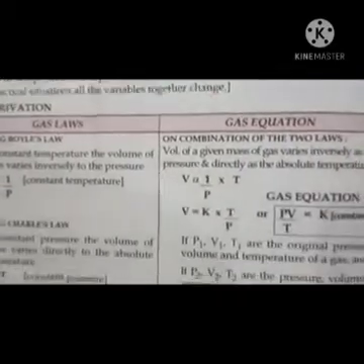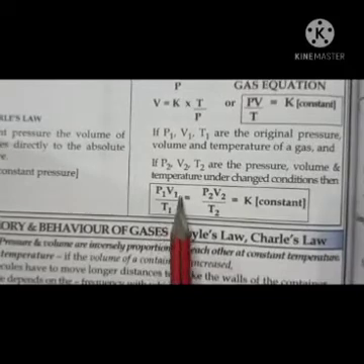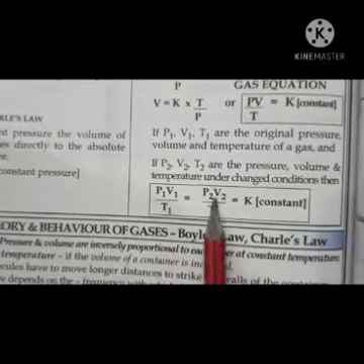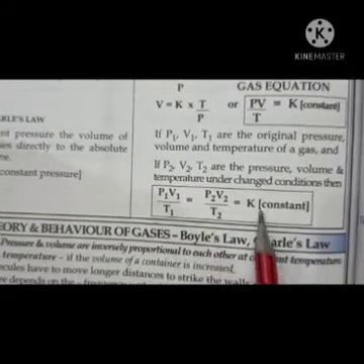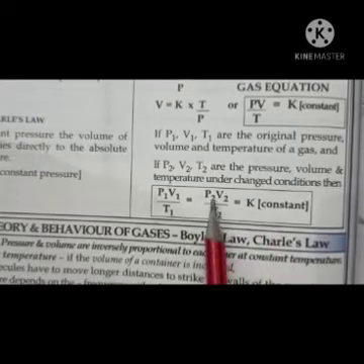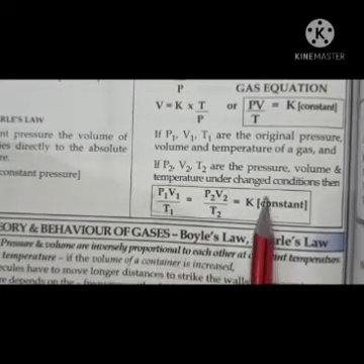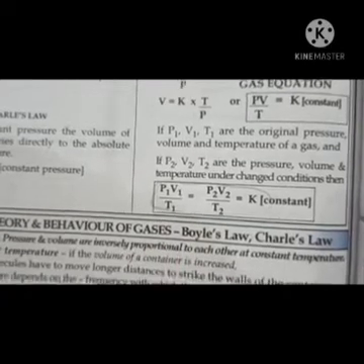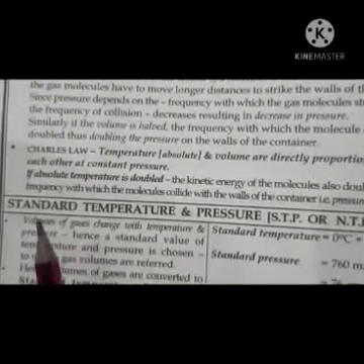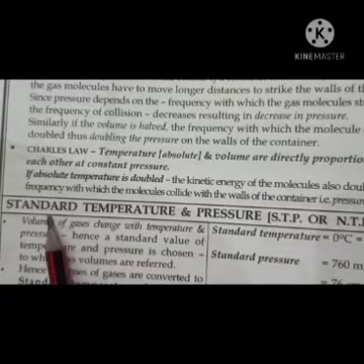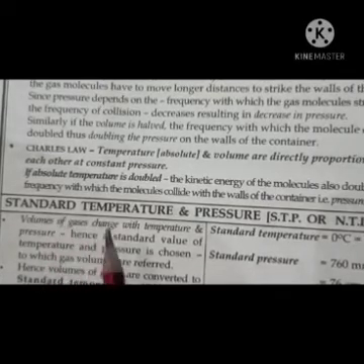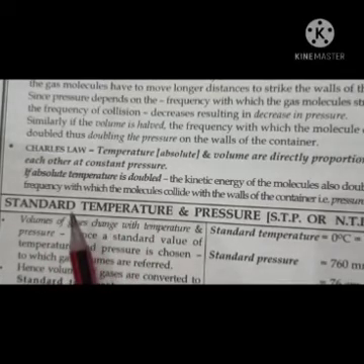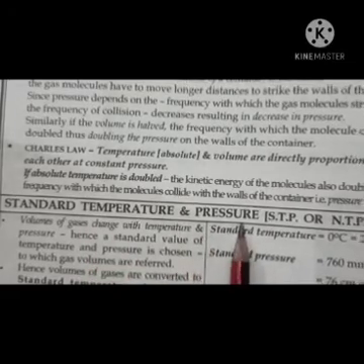And for that we have an equation, P1 V1 upon T1 is equal to P2 V2 upon T2 is equal to K constant, and this equation is called the gas equation, right? One more thing, just remember that whenever you are solving the problem, always take a standard temperature and pressure.